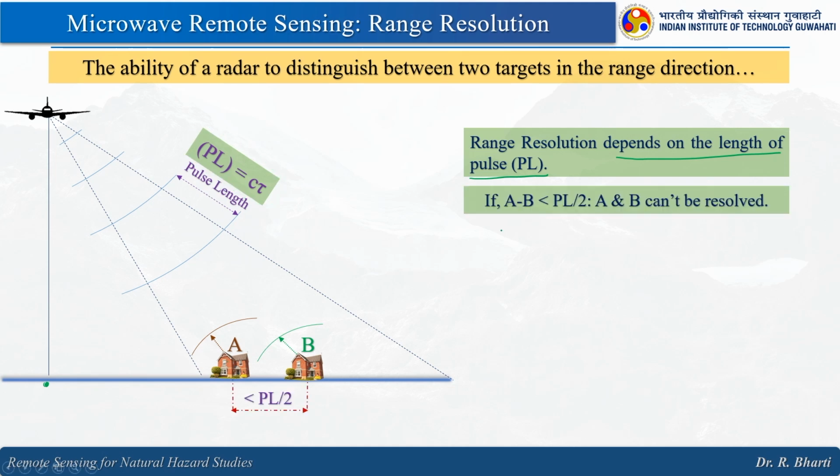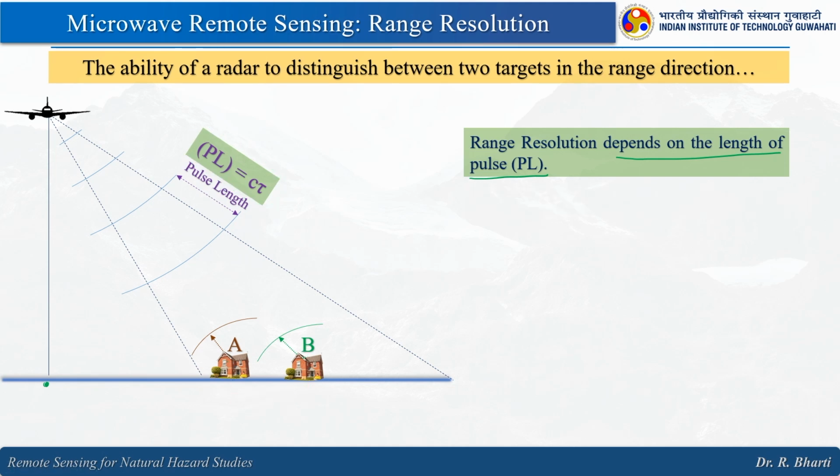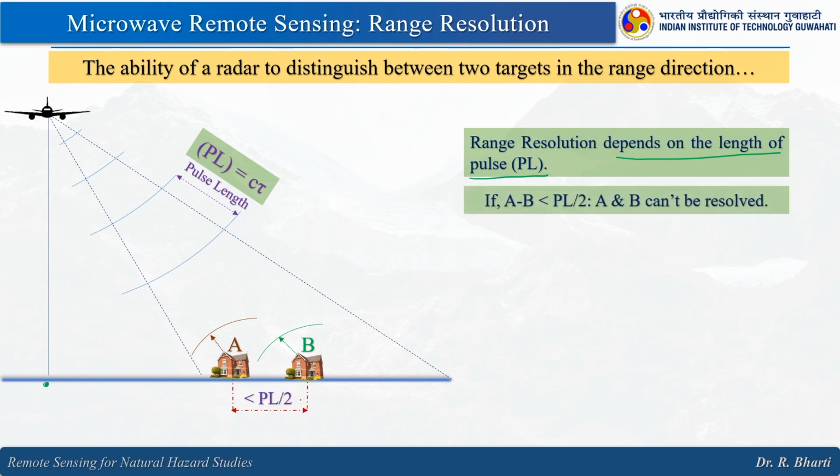If the distance between A and B, A minus B, is less than PL by 2, this is PL, and here this is A minus B. So, this distance is less than PL by 2. Why PL by 2? Because again we are using this factor of 2.